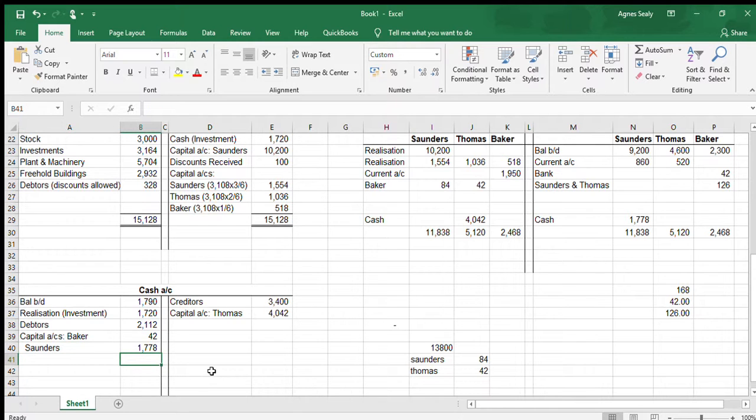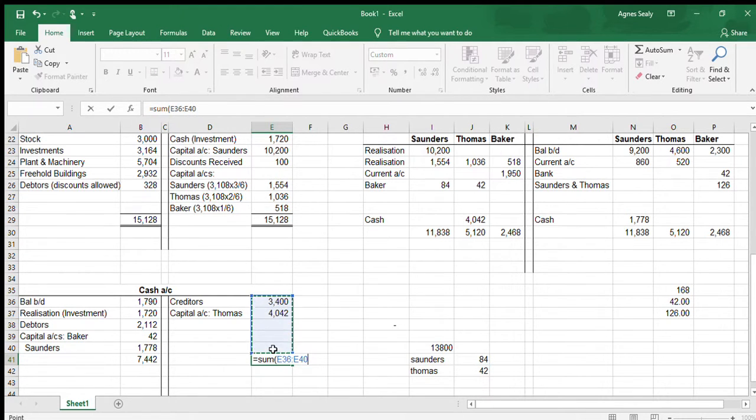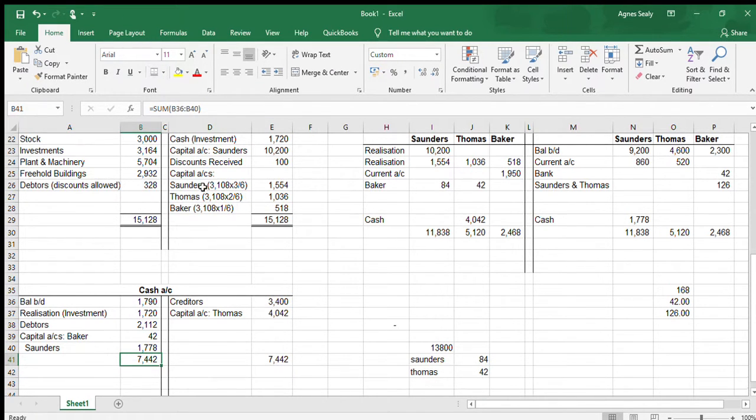So let's see if our bank account debit and credit side adds up to the same amount on both sides. It should, to close it off. And here we have it, that our cash account has been closed off because our debit side and our credit side add up to $7,442.